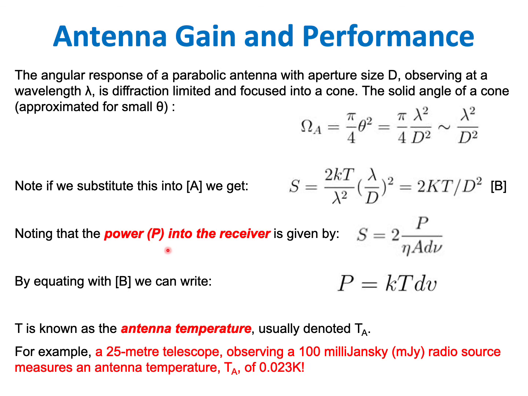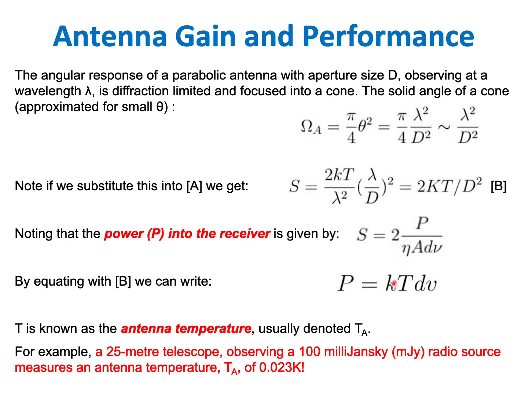Now I'm going to tell you from out of nowhere that the power into a receiver is given by this equation here. The power into a receiver P is related to the aperture efficiency, eta, the area, d nu, and the flux density. If we equate these two, because they both equal flux density, we can see that the power into the receiver is just kT d nu, where d nu is some small frequency range, say a bandwidth or a channel width.